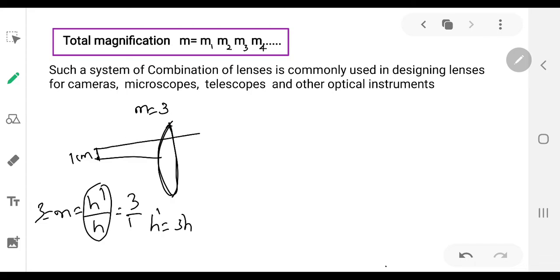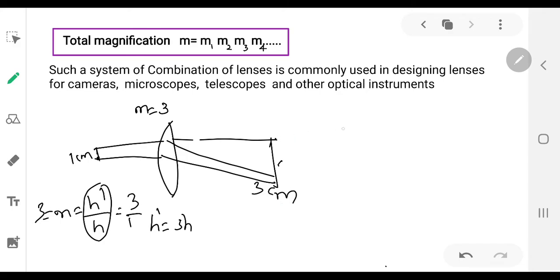So after refraction, the lens is going to produce a magnified image 3 times that of the object, so it will be 3 centimeter. If you place a lens of magnification equal to 4, then the image produced will be 4 times that of the object.